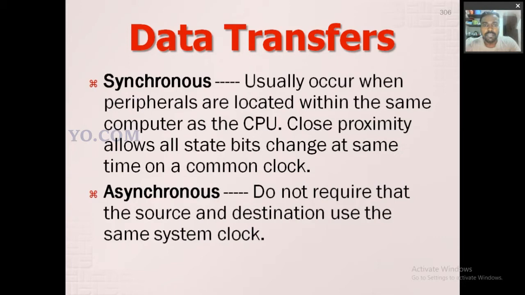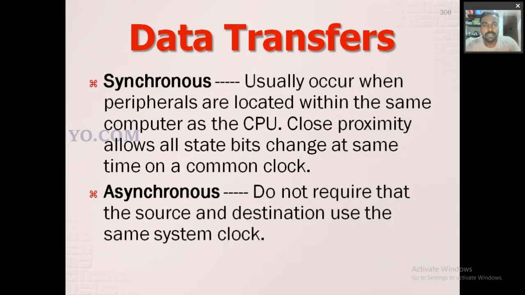So in this unit we are going to study different I/O interfaces, how they work, the architecture of those I/O devices and the different modes of I/O devices. Actually the third unit is a very large unit, so we are going to study many ICs that are used with the 8086 microprocessor.